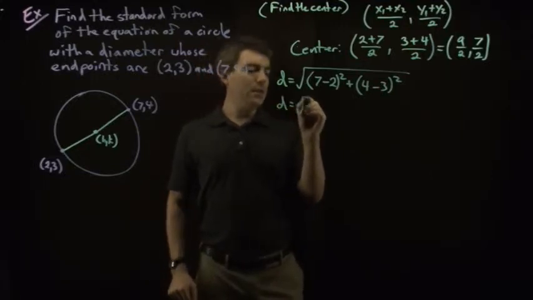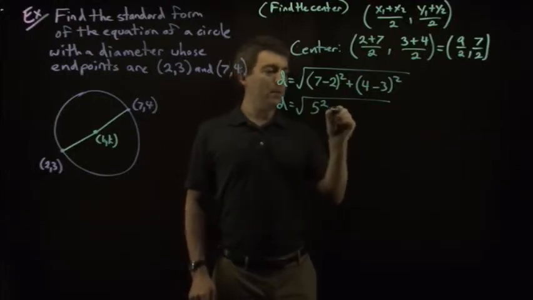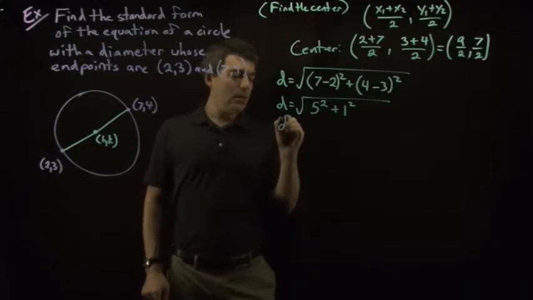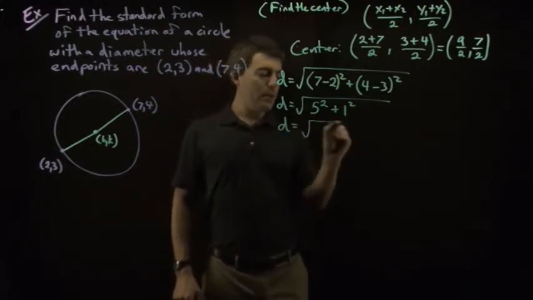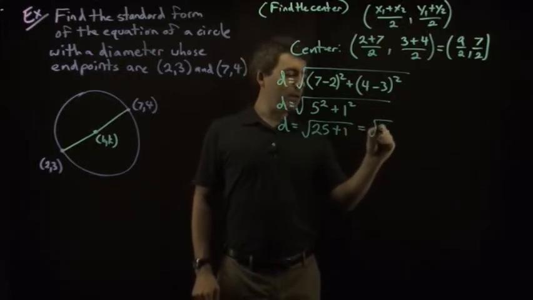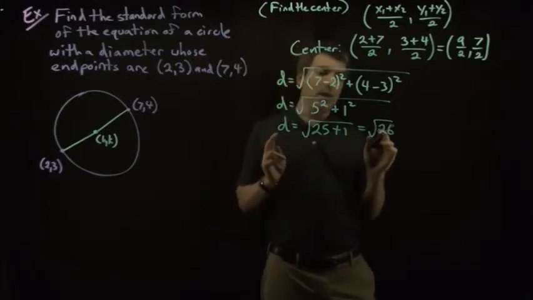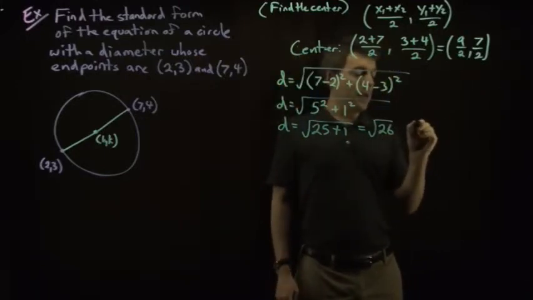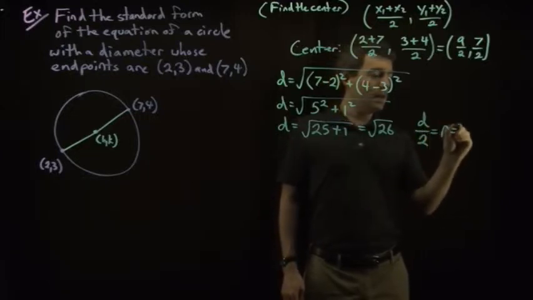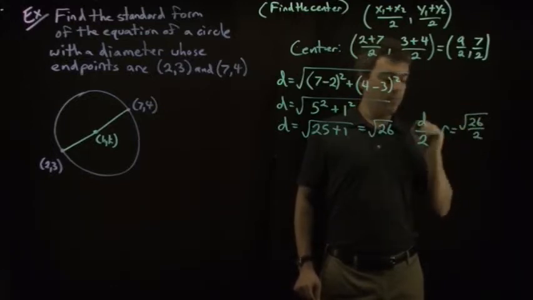So the distance is the square root of 5 squared plus 1 squared, which is the square root of 25 plus 1, that is the square root of 26. Now this is twice the length of the radius, so we'll take d divided by 2. That will be our radius, so we have the square root of 26 divided by 2.